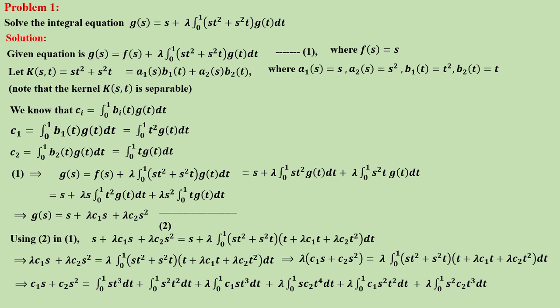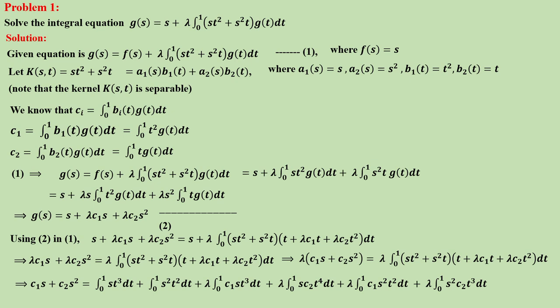So we are multiplying and splitting the integral. First term: s t square into t gives s t cube dt, plus the integral 0 to 1 of s square t into t square dt, plus next lambda into the integral 0 to 1 of c1 s t cube: second term s t square into lambda c1 t, you will get c1 s t cube dt.